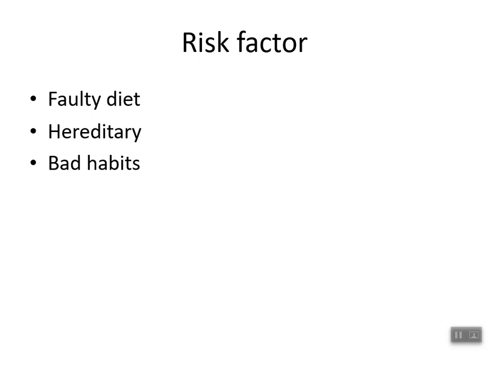Next is hereditary, means it will pass from generation to generation. Next, if the patients have any bad habits like smoking, alcoholism, or other faulty health measures, then it can also be a risk factor for causing fibrocystic breast disease. In short, it is known as FBD.